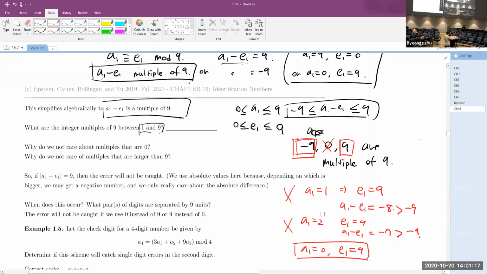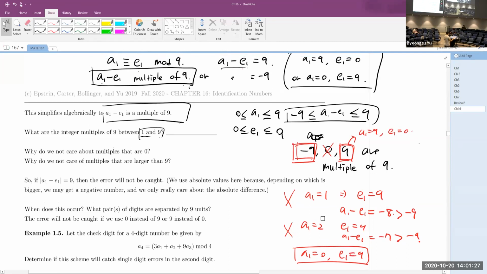And by the same reason, the 9 happens when A1 is 9 and E1 is 0. So here, the integer multiple of 9 between 1 and 9 is 9. And why do we care about multiples that are 0? Because A1 is different from E1, because E1 is the error number.